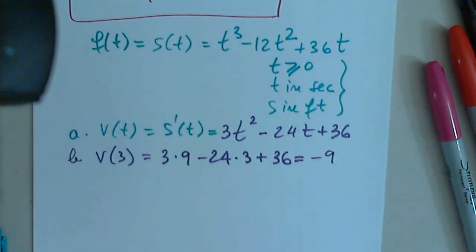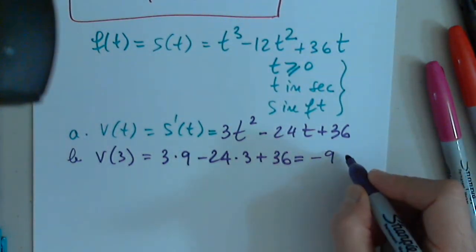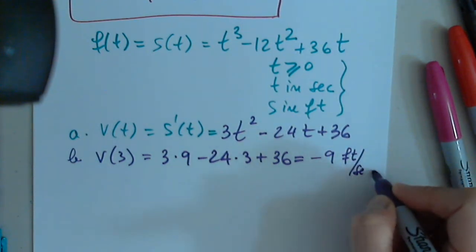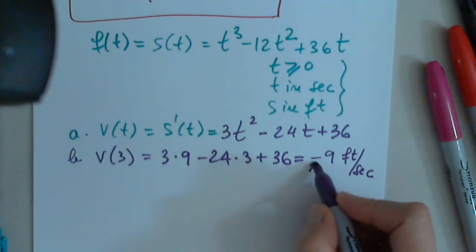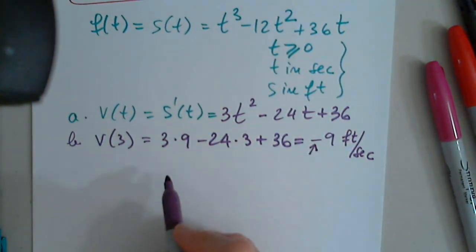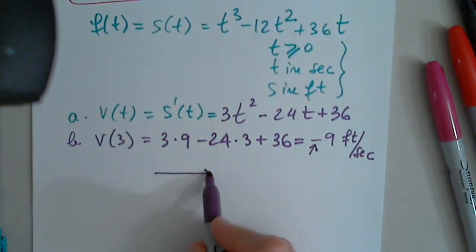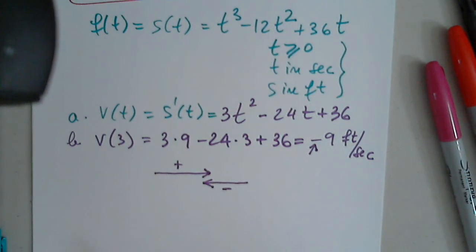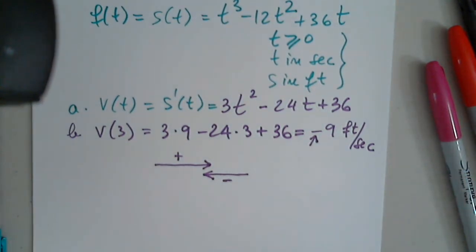Negative 9. Measurement unit? Let's see, feet per second. Very good. It's a velocity, feet per second. This only means that the particle is not going in the positive direction. The particle is going in a negative direction. That's all it means. Okay, perfect.